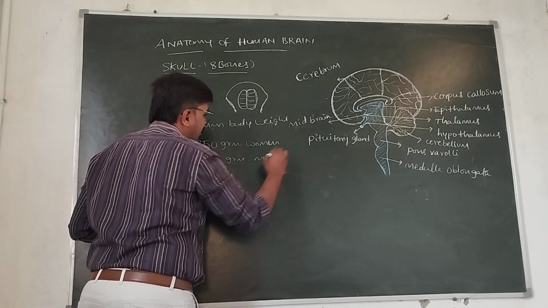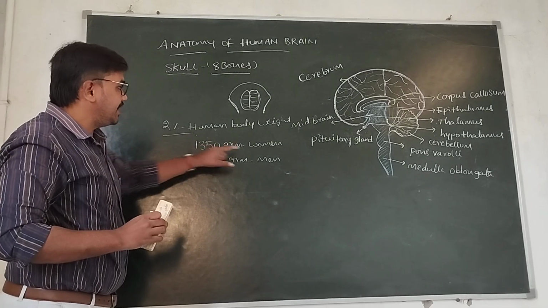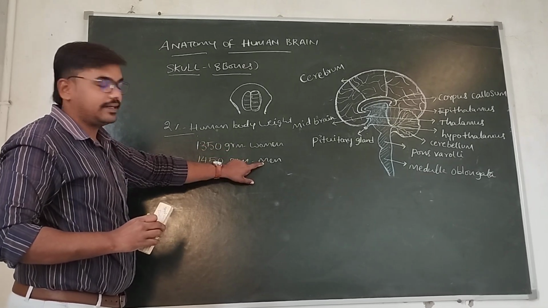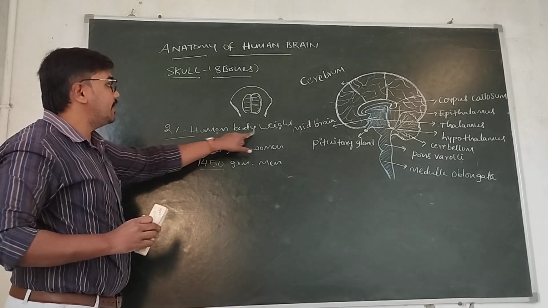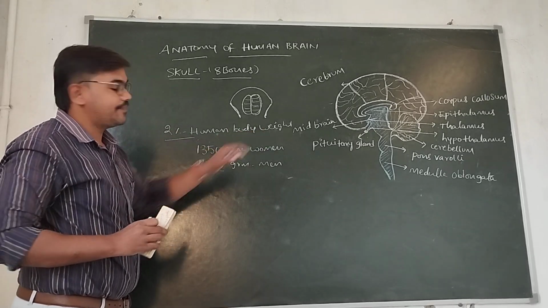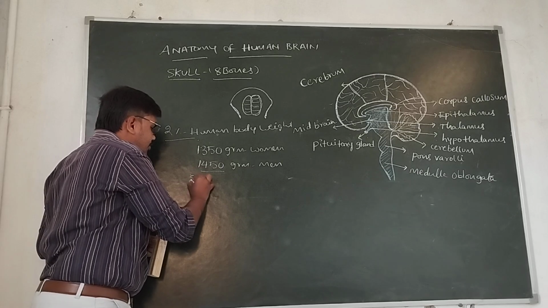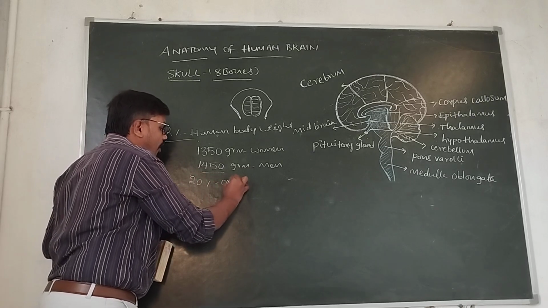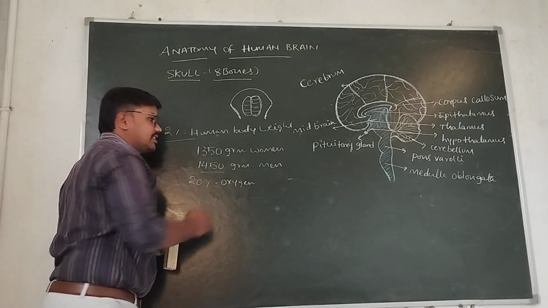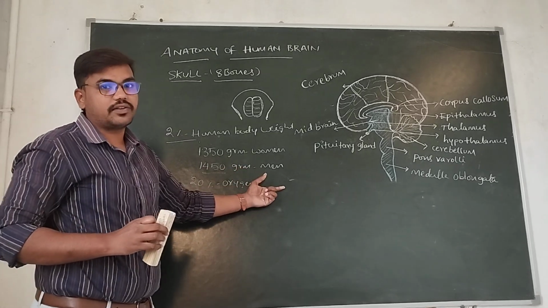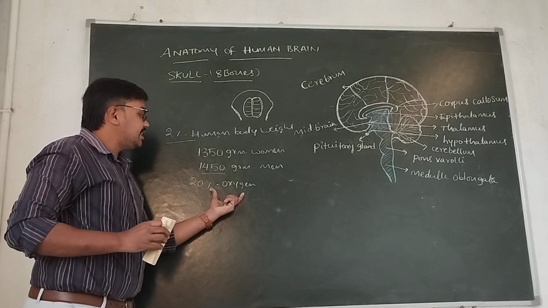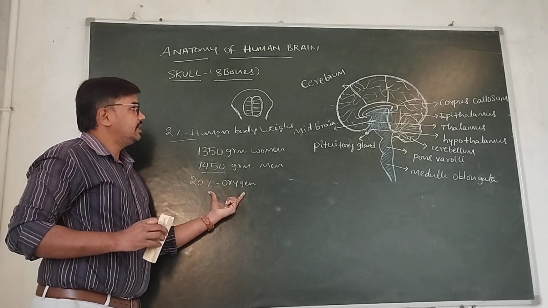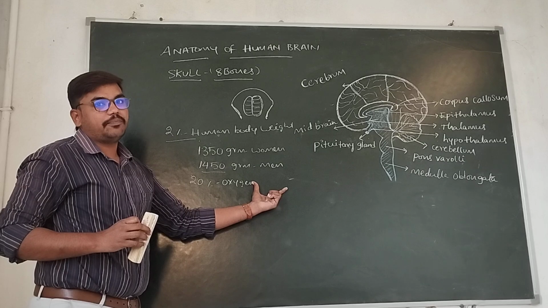So there is a slight variation between women and men, but it occupies nearly 2% of general body weight, and it consumes 20% of oxygen. For example, out of 100% of oxygen, the brain alone consumes 20%. This is a general introduction of the brain.